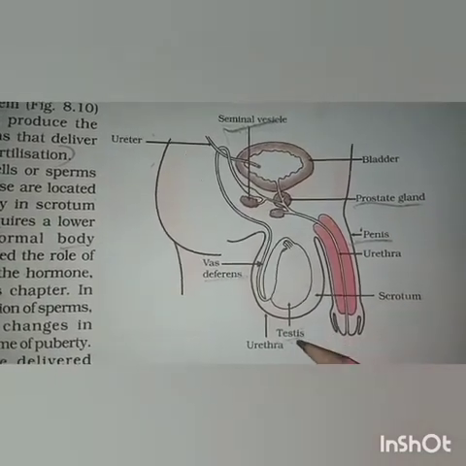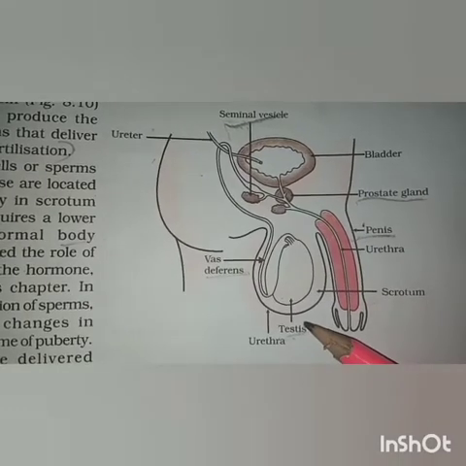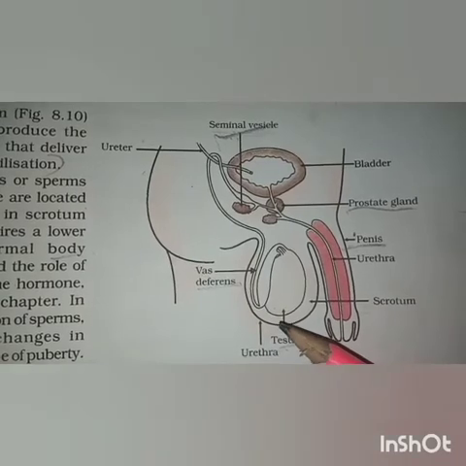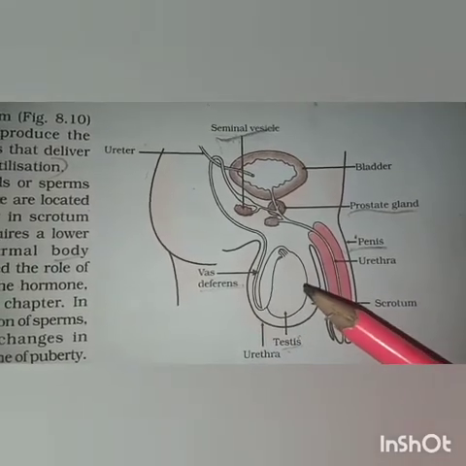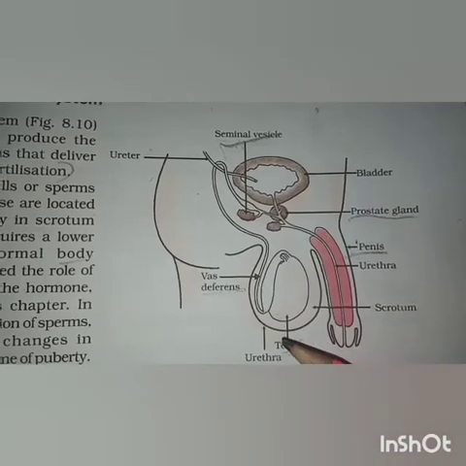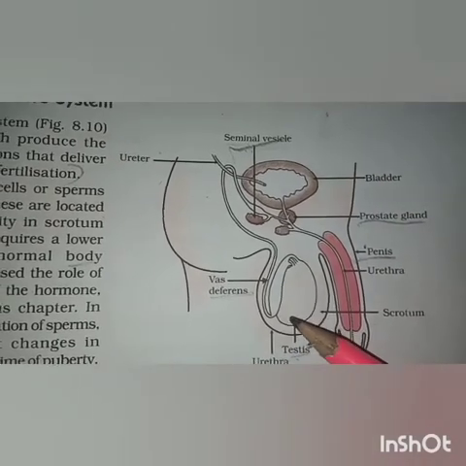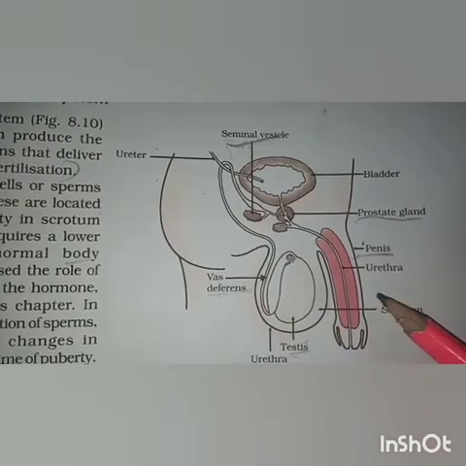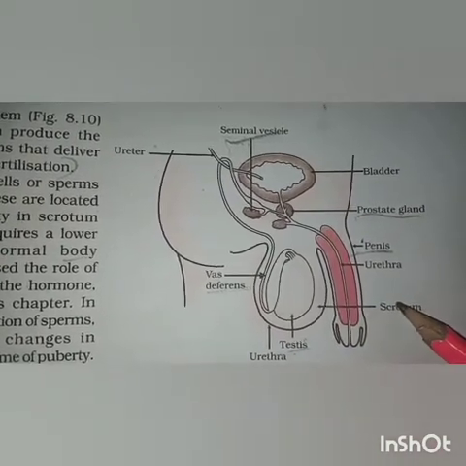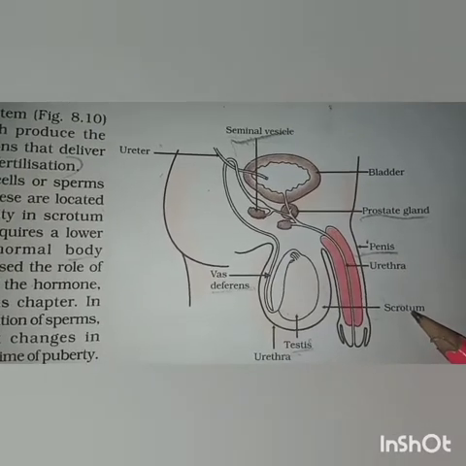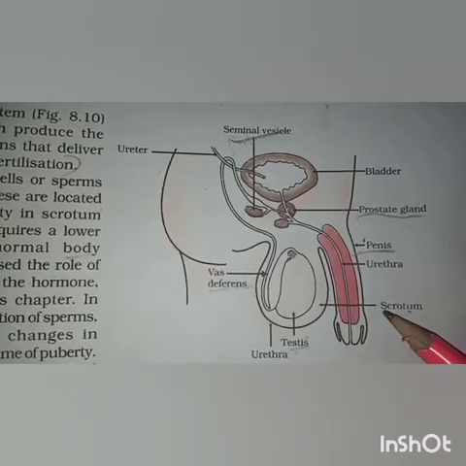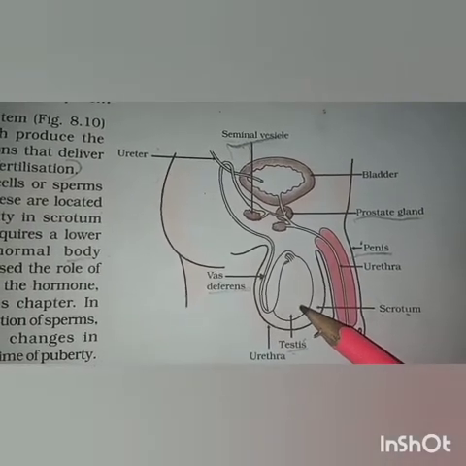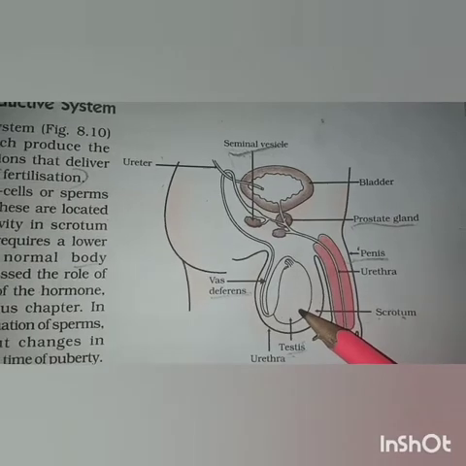Testes are located outside the abdominal cavity, and they need a lower temperature than the body temperature for sperm production. The testis is covered by a layer of scrotum. So the function of the scrotum is to maintain the lower temperature inside the testis that is necessary for sperm production.